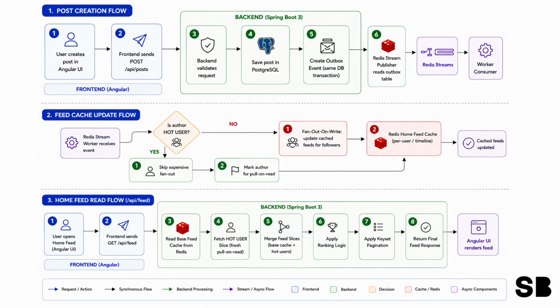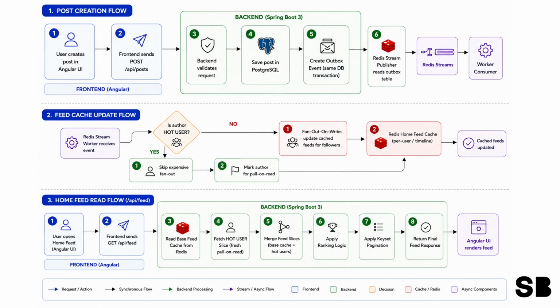Now the backend has two sources of feed data, one from the hot users and one from the cache, which has the normal user data. The backend then merges these feed slices together. And after merging, the system applies ranking logic. Ranking decides which posts should appear higher in the feed.